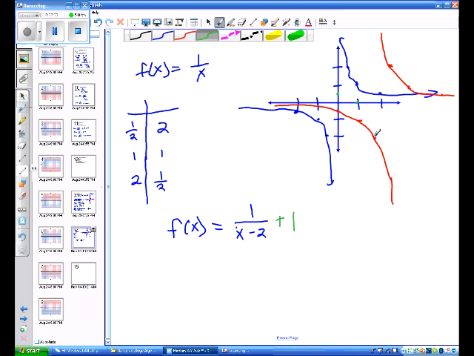If we took this point, we would go up 1 unit. And we would go up 1 unit. And so we would have our graph. We would take all these points and go up a unit. And then the 1/2 would be up here.